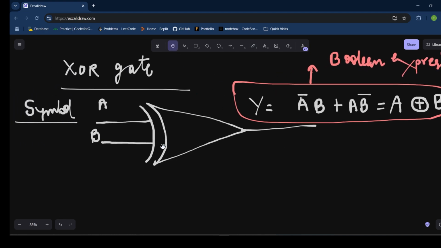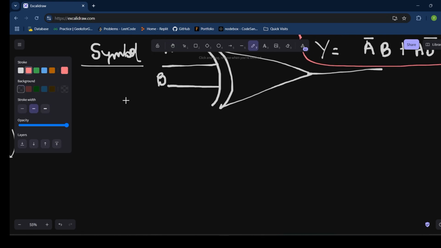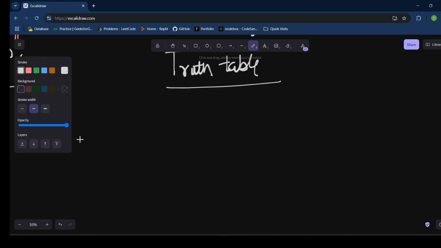Now let's draw the table for this. Then again it is a two input gate. So A, B, four combinations again, 0 0, 0 1, 1 0, and 1 1.